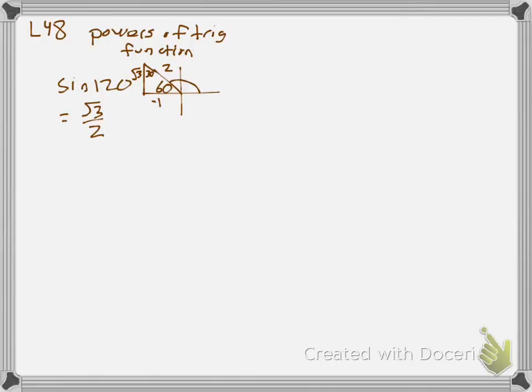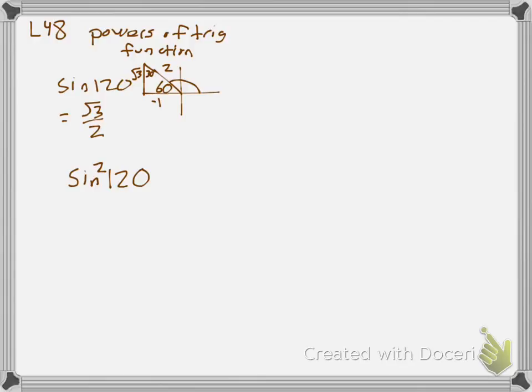Now, that's not what we're doing today. Today, we're going to take that same exact thing, but add a little twist to it. Now, I'm asking you this: sine squared of 120. Does that just mean square root of 3 over 2 squared? It does mean square root of 3 over 2 squared, which is 3 over 4.